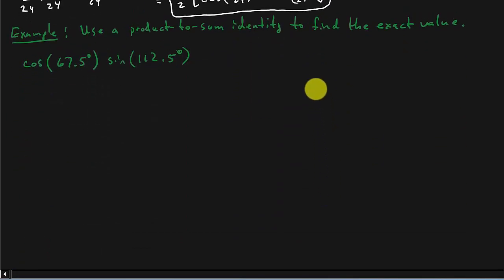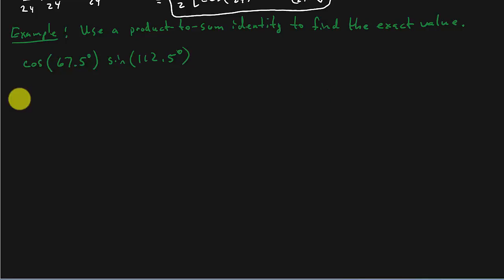All right, here they want us to use a product to sum identity to find the exact value. All right, so what are we going to use? Well, let's just write the formula down.